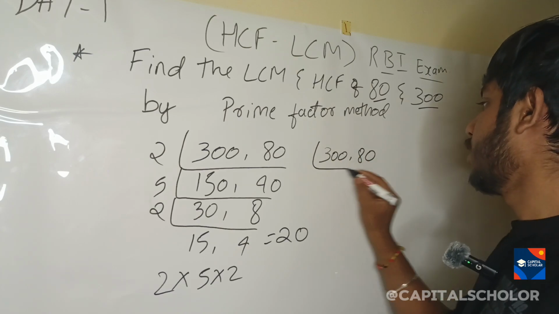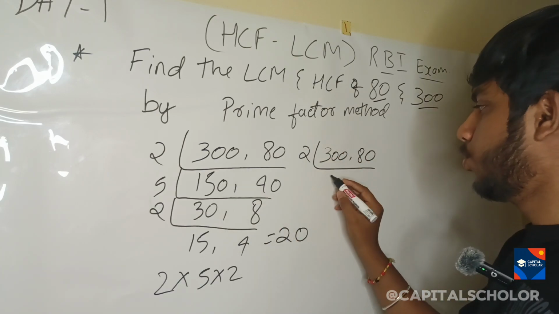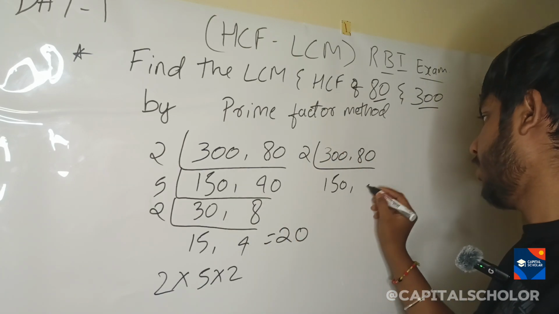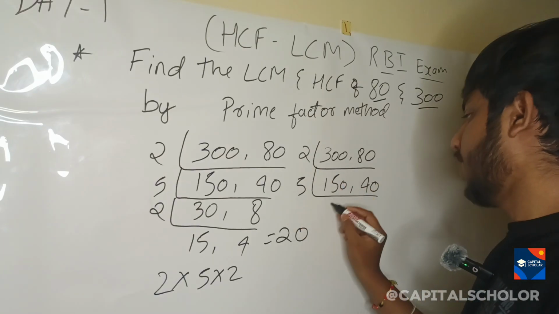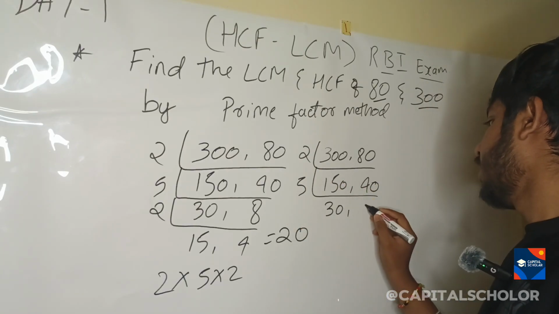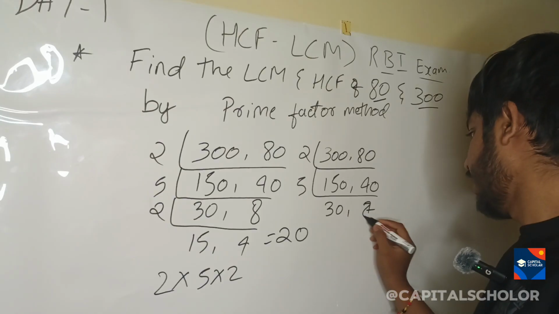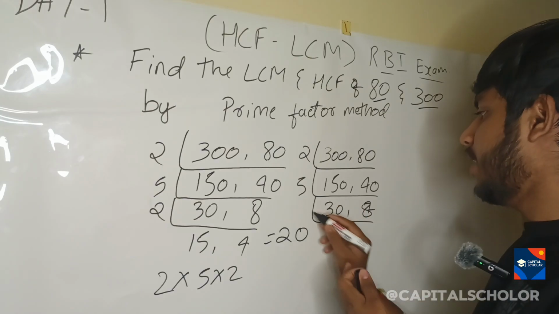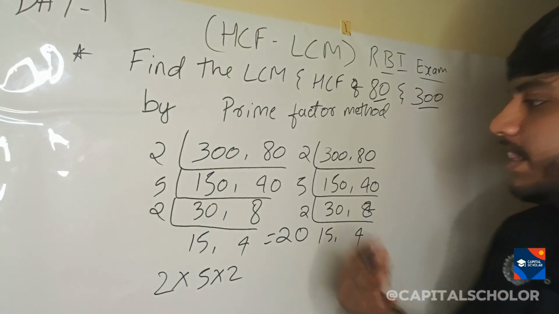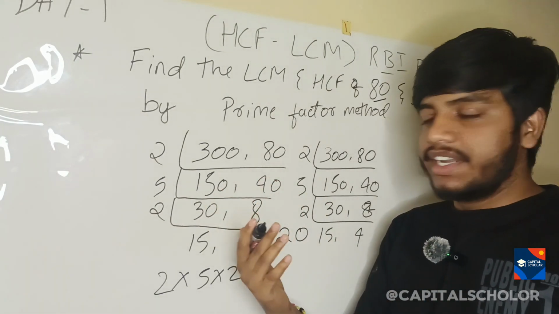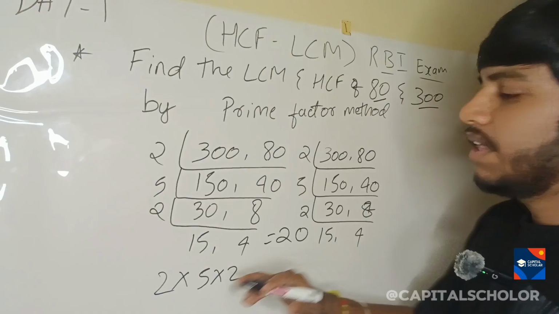300 and 80. Same as before: 2, then 150 and 40, then 5, then 30 and 8, then 2, then 15 and 4. In the previous HCF sum we stopped here and found the HCF.